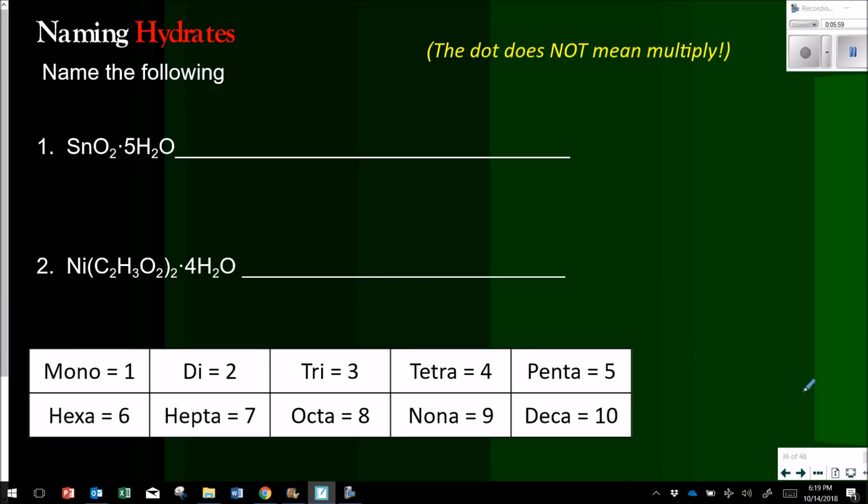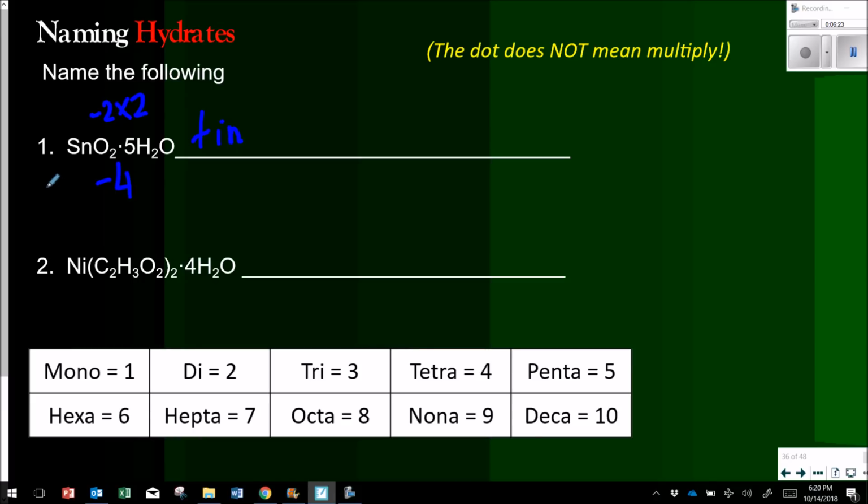We have SnO2 dot 5H2O. Sn is tin. Tin is multivalent, so I have to figure out the Roman numeral. So I look at my oxide. Oxide has a charge of -2, and since I have 2 oxides, I multiply by 2 for a total of -4 on the oxide side.